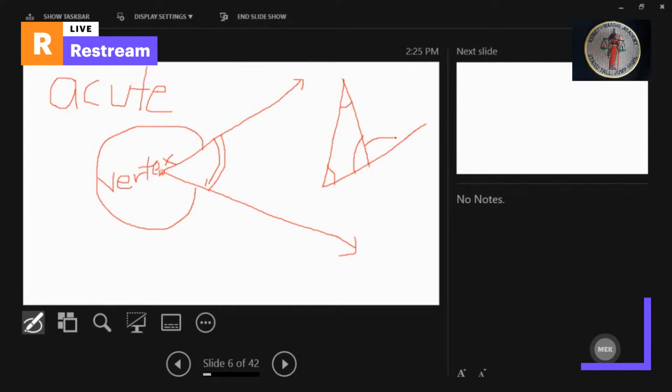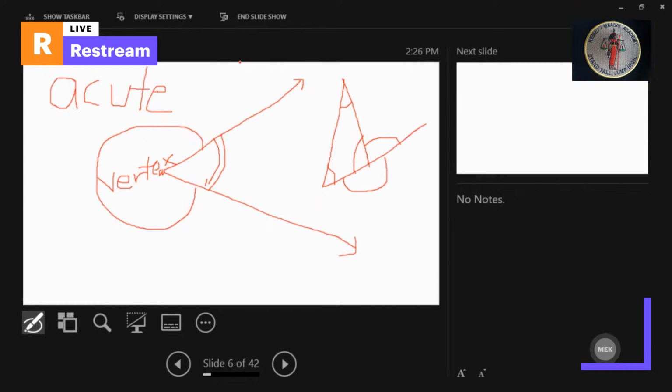Here we have an exterior angle. Here we have another angle being formed. Once 2 rays or 2 lines meet, an angle is formed. The angle is this space, the space that it takes up between the two rays.